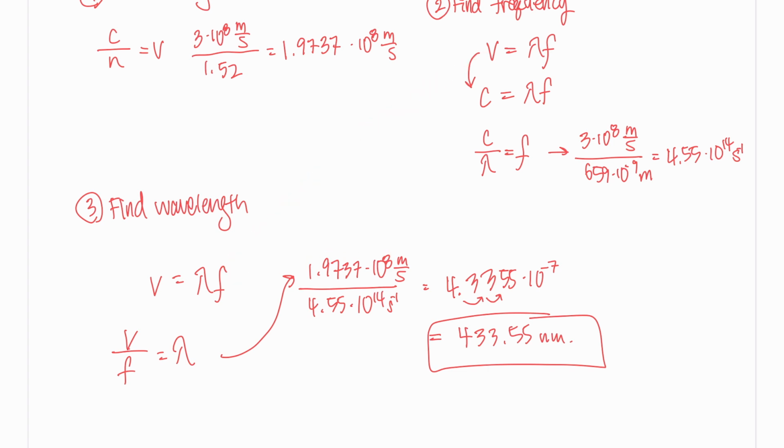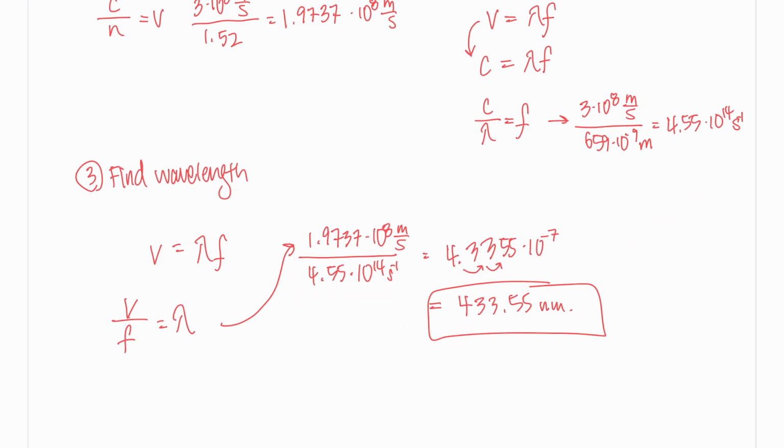I plug in the velocity from here, and the frequency, which is what we derived from here, and that's how I got this value. The answer is asking for nanometers, so I go back one step to 10 to the power of negative 8, and then one more step to 10 to the power of negative 9.